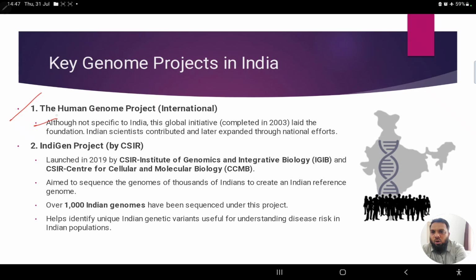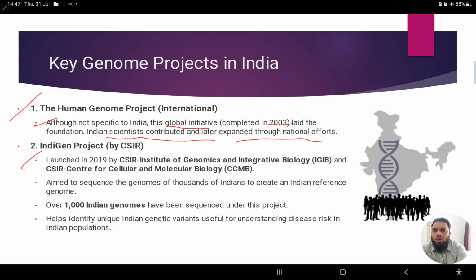Although not specific to India, it's a global initiative. It was actually completed in 2003 itself. It laid the foundation. Indian scientists contributed and even expanded through national efforts. It's a whole different topic, the Human Genome Project. Right? The other project is the IndiGen project.